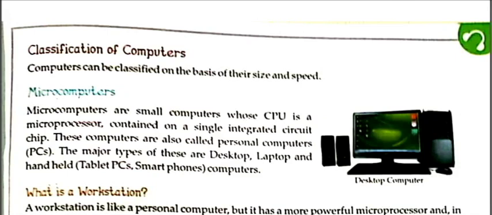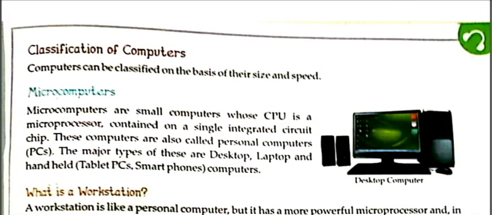Now we are going to discuss microcomputers. Microcomputers are smaller computers whose CPU is a microprocessor contained on a single integrated circuit chip. These computers are also called personal computers.